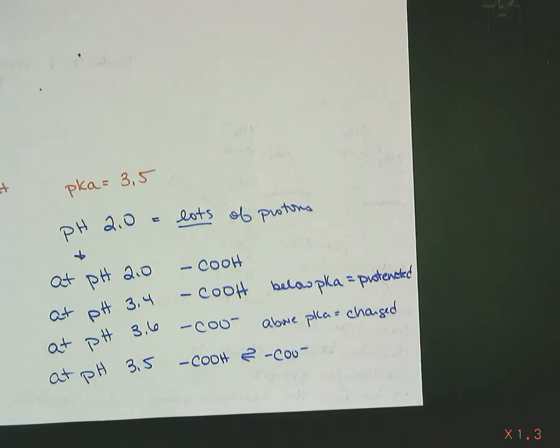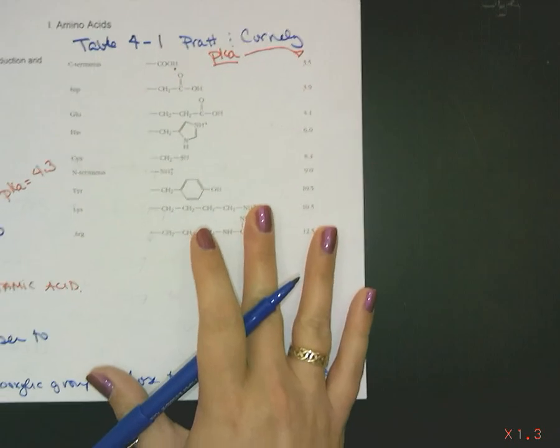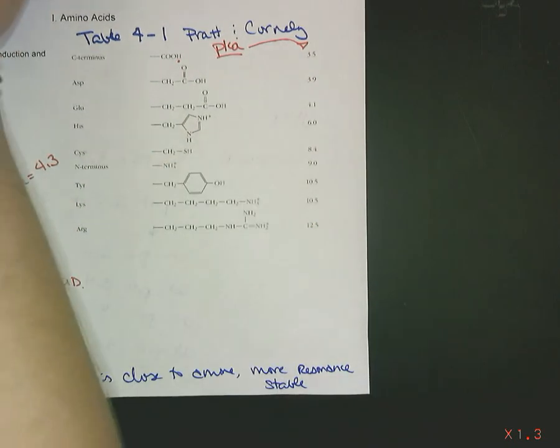It'd be in equilibrium with itself. All right, so then let's take a look at some practice problems, putting it all together. So you'll need your pKa table, at least where you can see it, or you can see my pKa table.